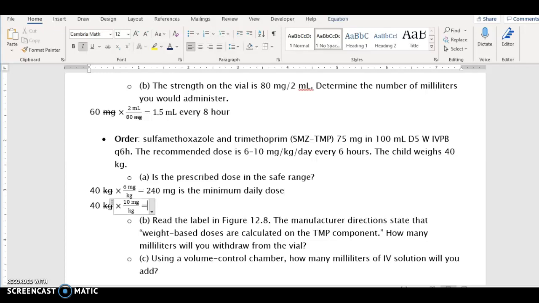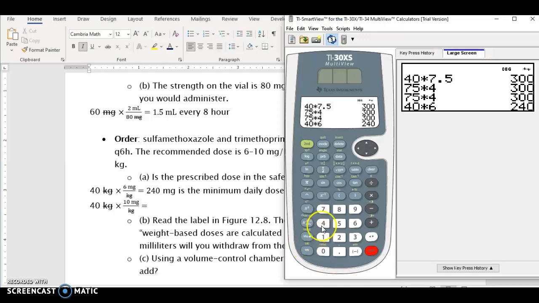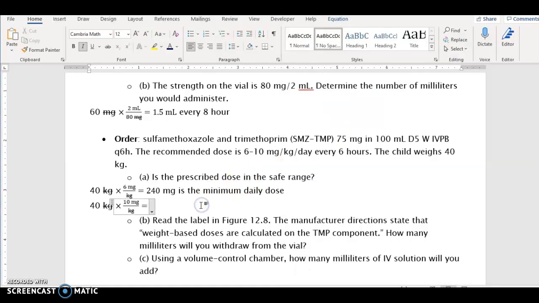Okay, and likewise we can do 40 times 10 and get 400. So 400 milligrams is the maximum daily dose. Now, the amount given in the order is 75 milligrams every 6 hours.